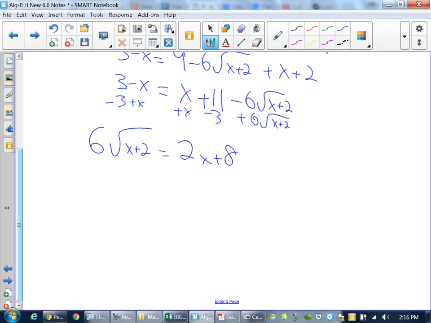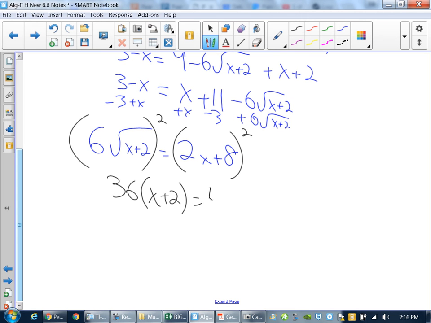If I square everything where it sits now, I get 36 times junk. And then I FOIL out the other side. 4x squared. 2 times 8 is 16. Double it.